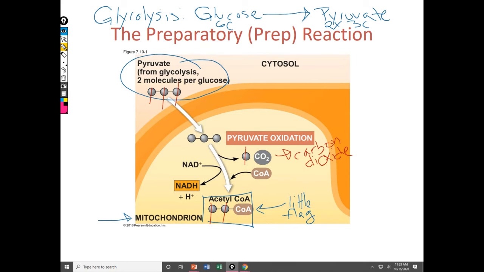In order to make carbon dioxide, we have that carbon that we stole from our pyruvate, and I spy with my little eye oxygen. So we need oxygen in order to make that carbon dioxide. And so oxygen needs to be around for the prep step to occur.